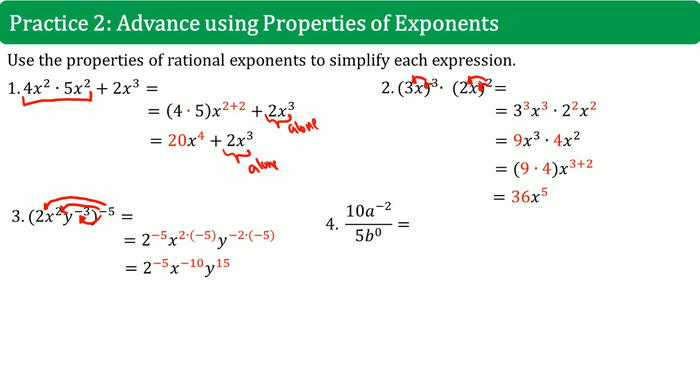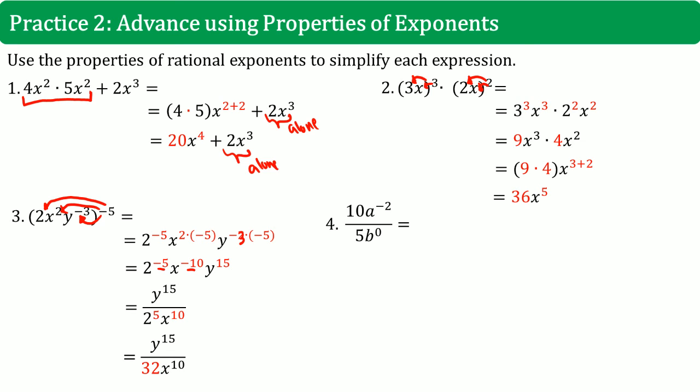Should this be a... oh yeah, this should be a 3. It becomes 15, positive 15. The y to the 15 stays on top because it's already positive. But these two are negative exponents, so they come down. So it's 2 to the 5th on bottom, and x to the 10th on bottom. If you want to simplify 2 to the 5th power, that just becomes 32.